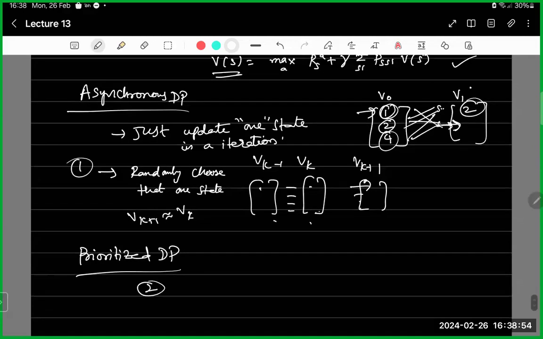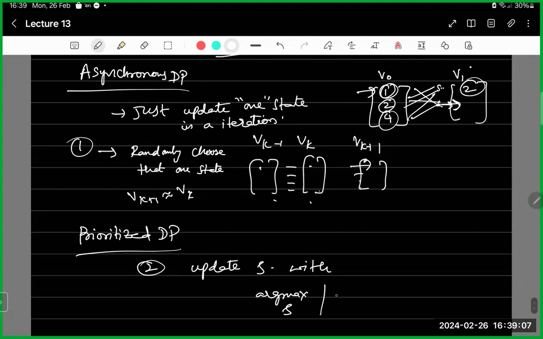Another variant is you update the state S which has the highest error. Okay. So you look at the previous two iterations of your value iteration and see which component of VK has the highest error. You just update that S in your current step. Okay. So this is called prioritized DP.